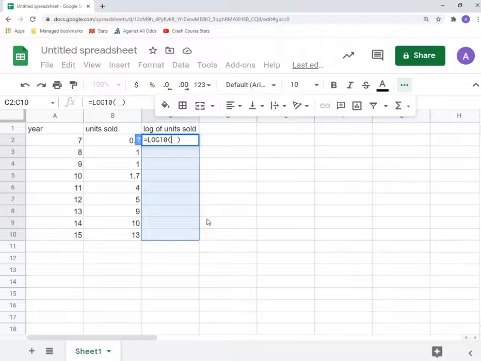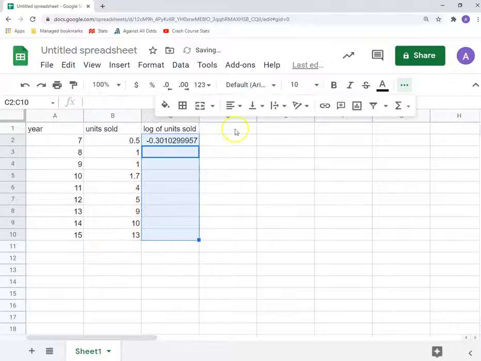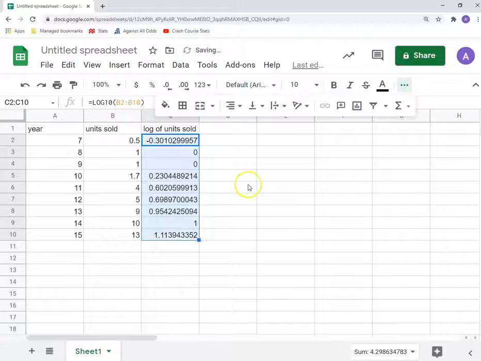That's what I'm going to choose. Then I want to take the log of the units sold, so B2 to B10. Then hit enter, and of course I have to fill in the rest.